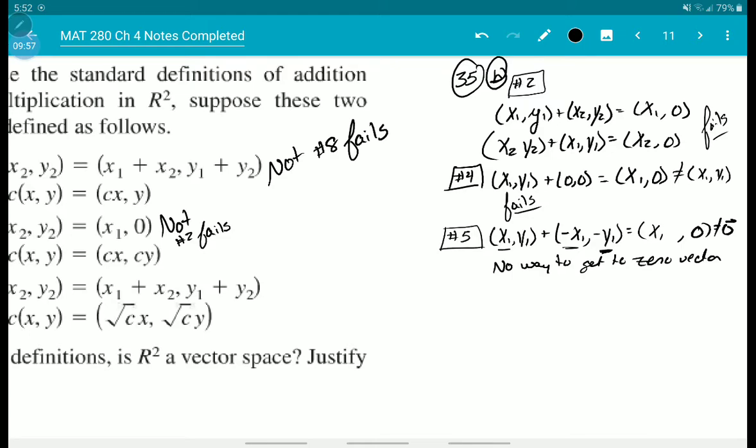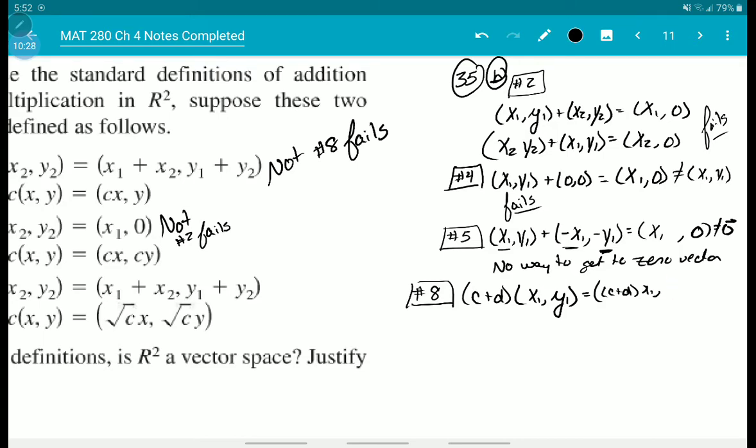In fact, it also turns out number 8 fails. If we take C plus D times this vector, then we're going to get C plus D times x1, and then we're going to get 0.